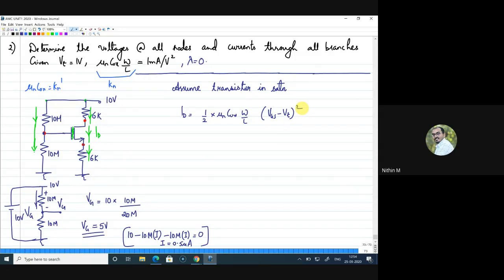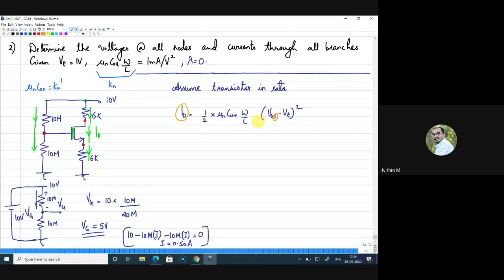I obtained the value of VG, but VS is unknown. So I cannot solve this equation directly. I can solve this equation only if I have one equation and one unknown, right? That is what we know from mathematics.